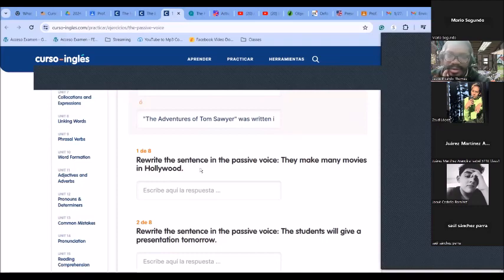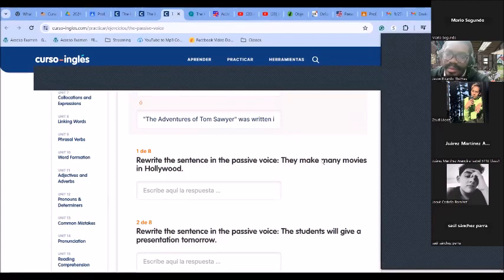Here is the first one. I'll start with you, Mario. They make many movies in Hollywood. Many movies is your object. Many movies are made in Hollywood by them.